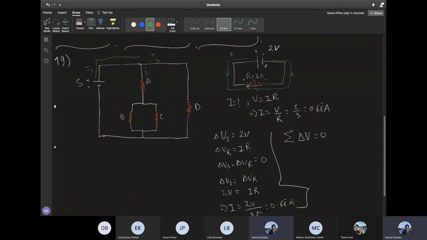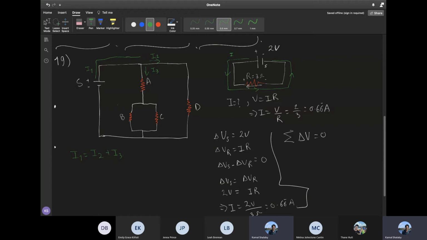So let's call this I2 and this I3. Since electric charge is conserved, we can say that I1 will equal I2 plus I3. Is that part okay? Yeah, that makes sense.